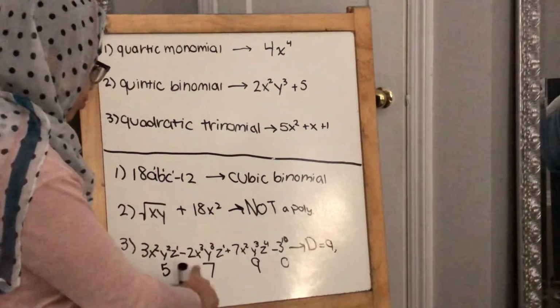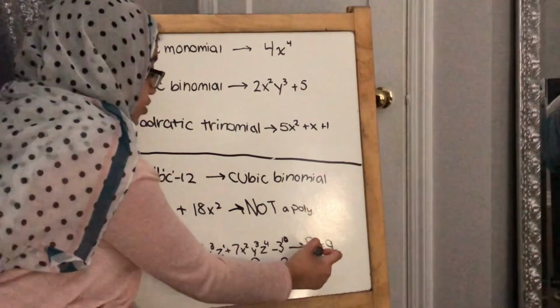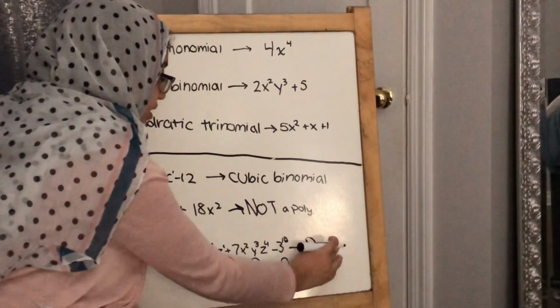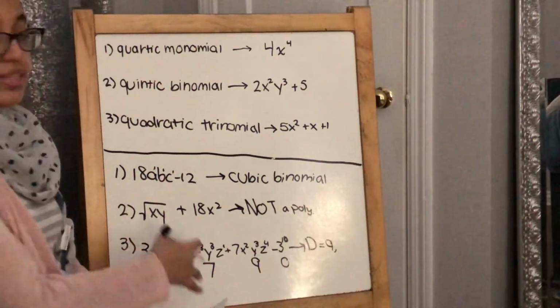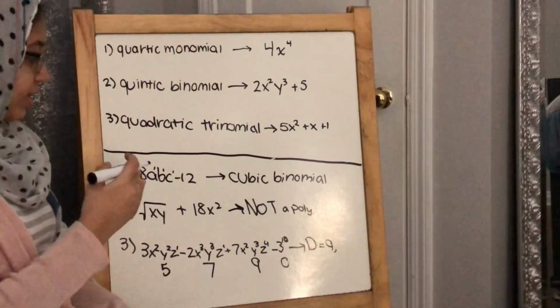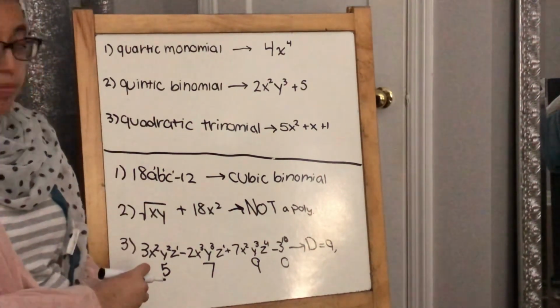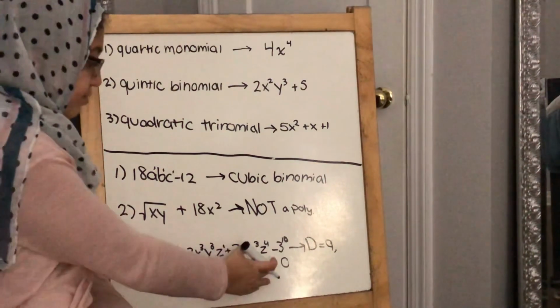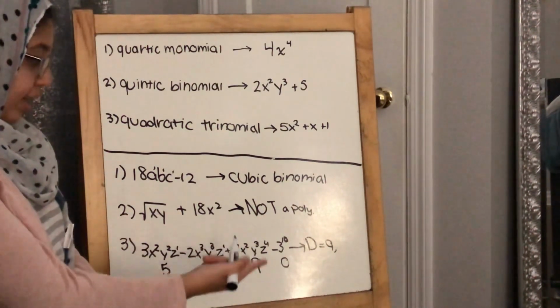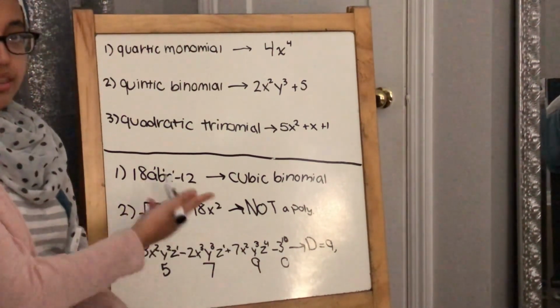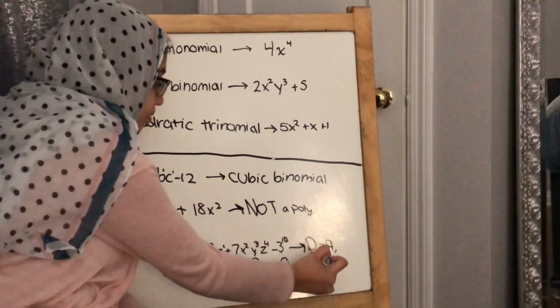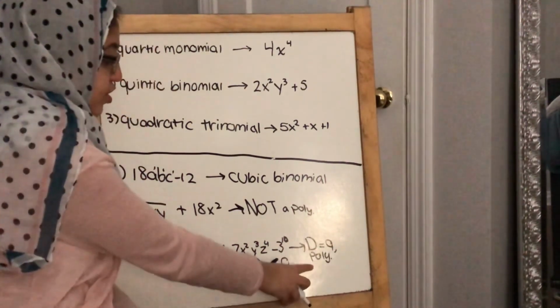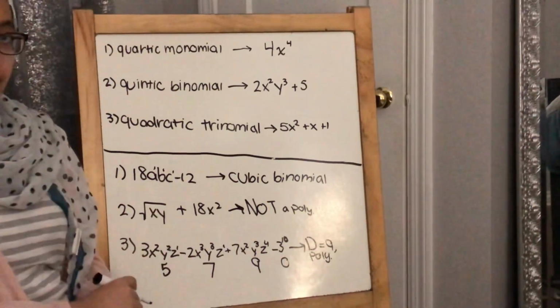And this has 1, 2, 3, 4 terms, so it doesn't have a specific name for the number of terms either, because when we classify polynomials by the number of terms, there's monomial, binomial, and trinomial. Nothing beyond that specifically. So this would just be called a polynomial with a degree of 9.